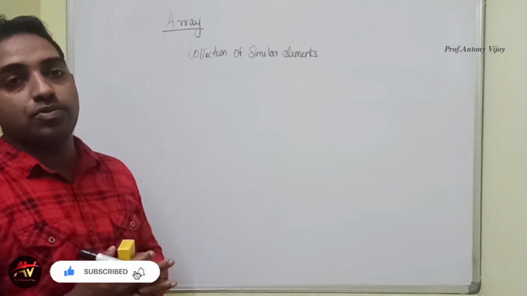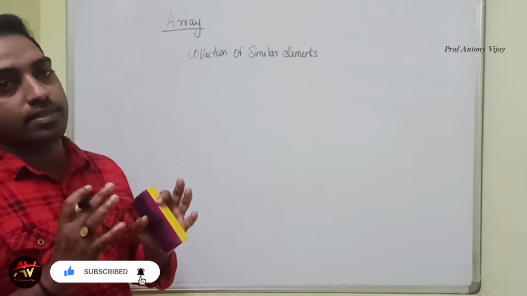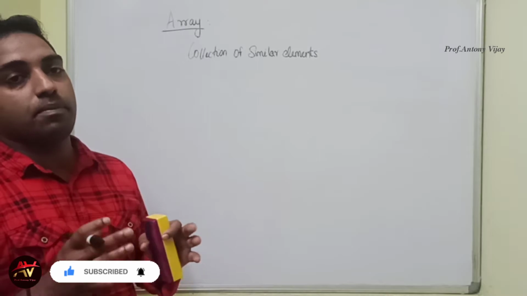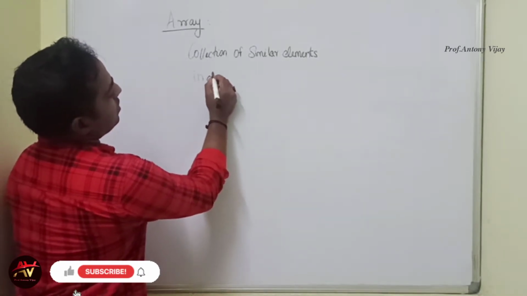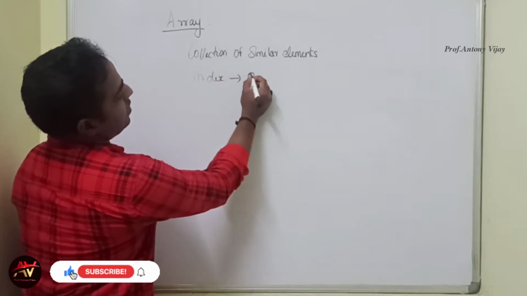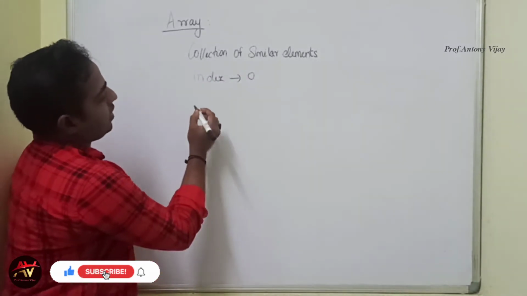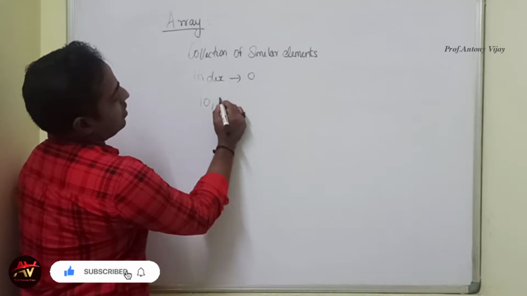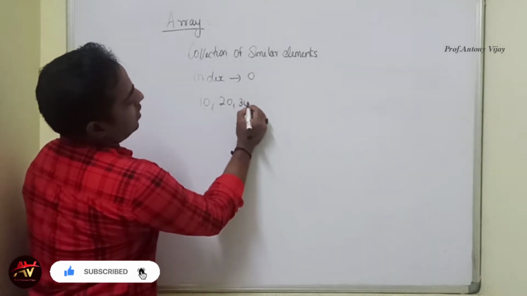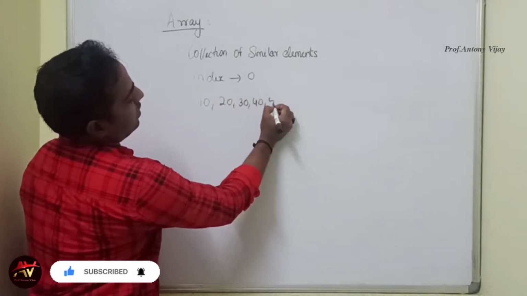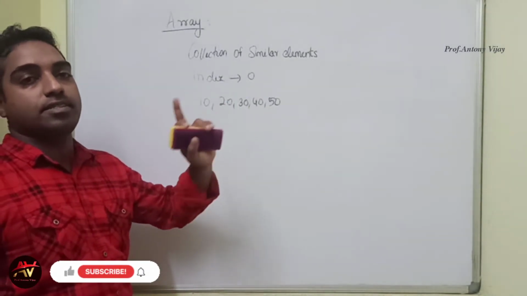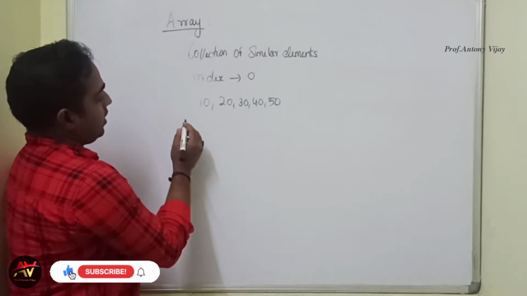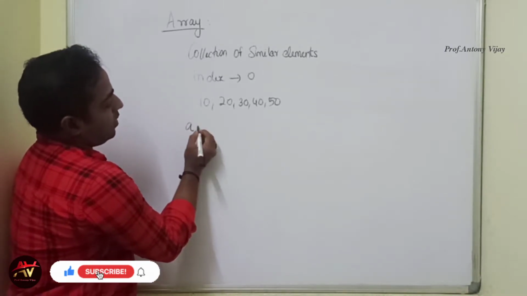Here all the values are arranged based on indexing. So indexing is very, very important. Index value always starts with 0. For example, here we are having some numbers 10, 20, 30, 40, 50. When I talk about array, all the elements are indexed properly. For example, here I can take one variable a.